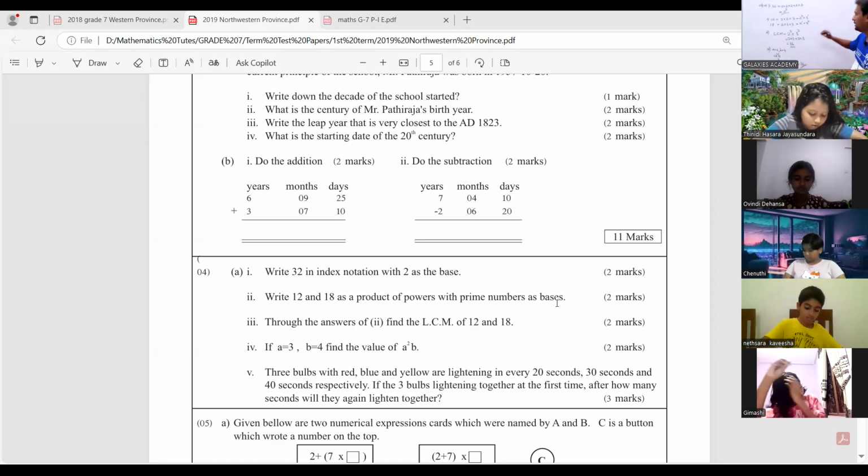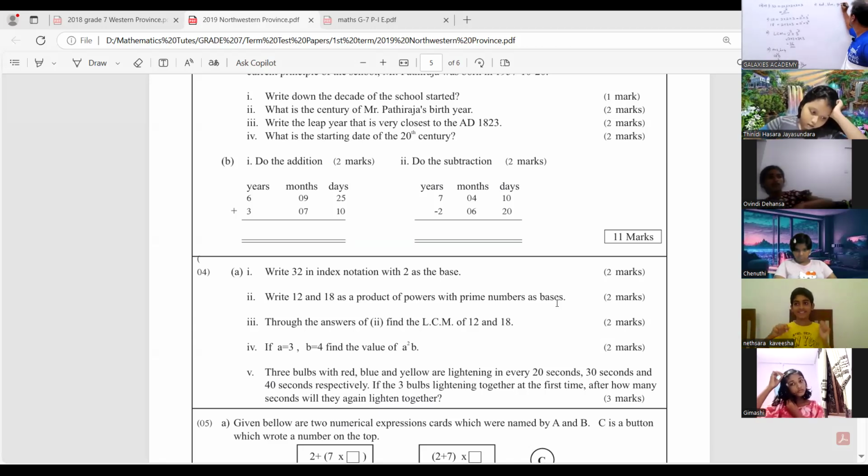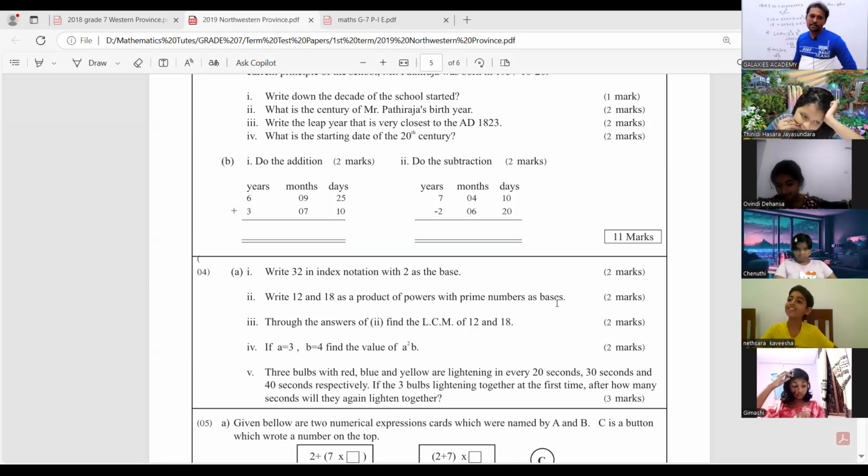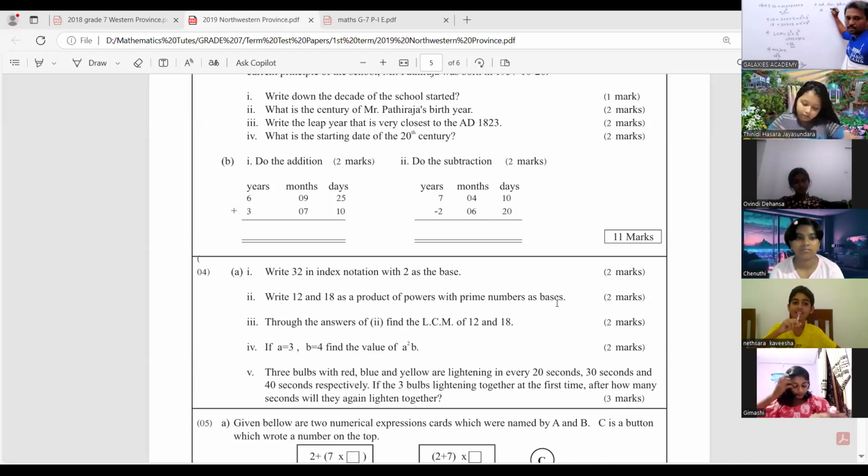What are the colors? Red, blue and yellow. Respectively, these three colors light the bulbs every 20 seconds, 30 seconds and 40 seconds.